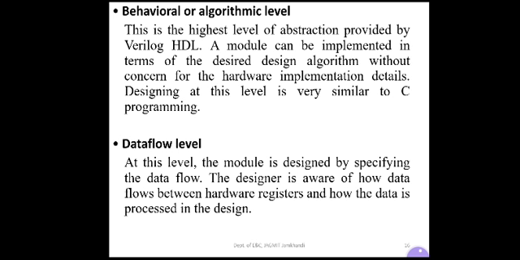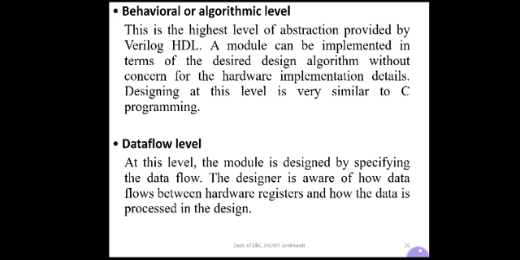Suppose you want to design a simple gate. In a gate, you have a truth table. That truth table information is required here, but no hardware details of that particular gate are required.